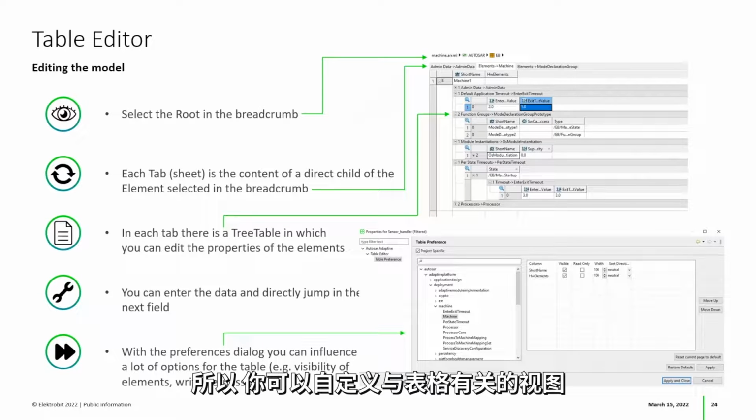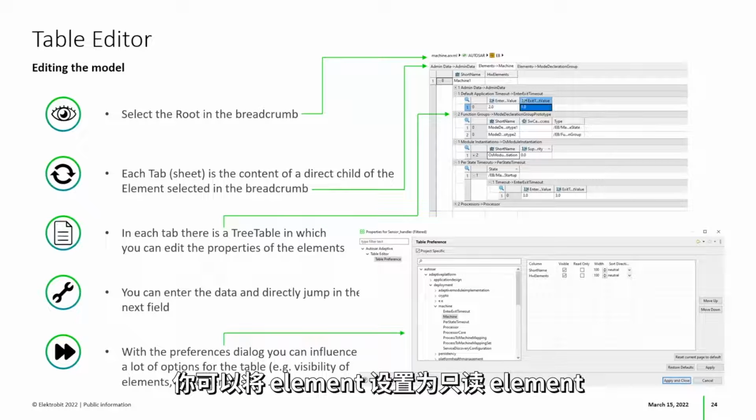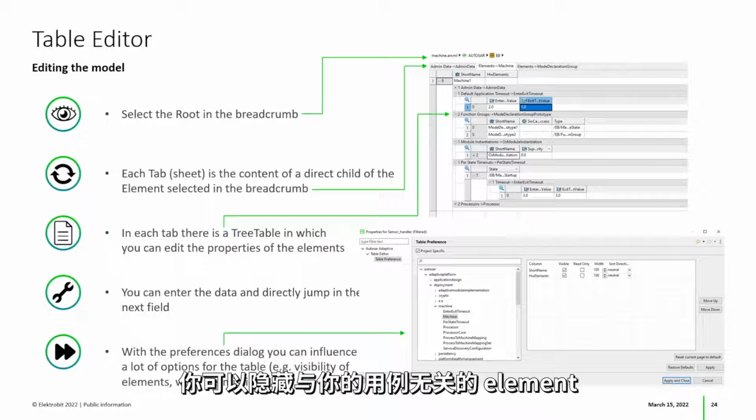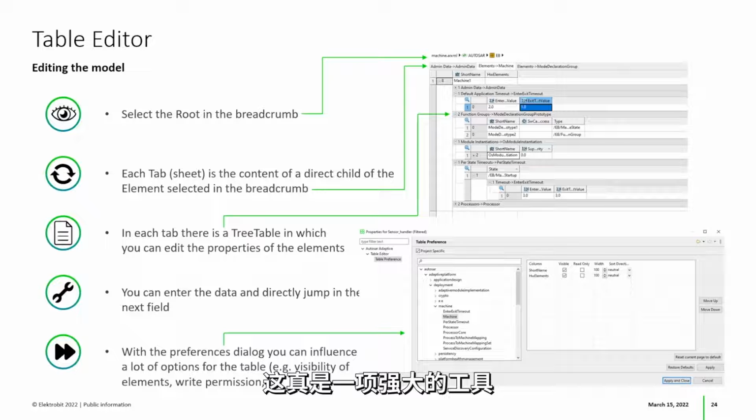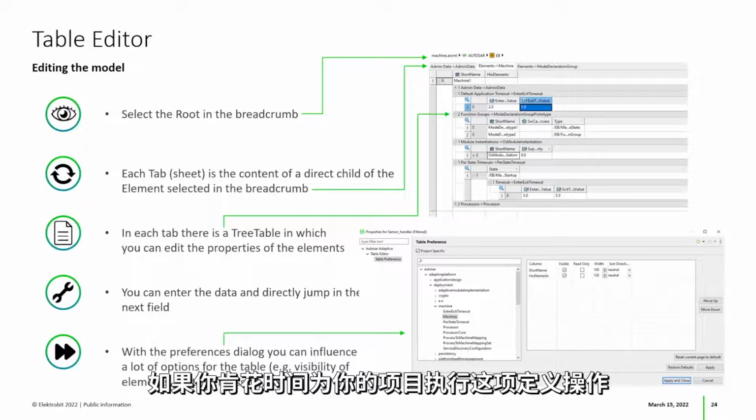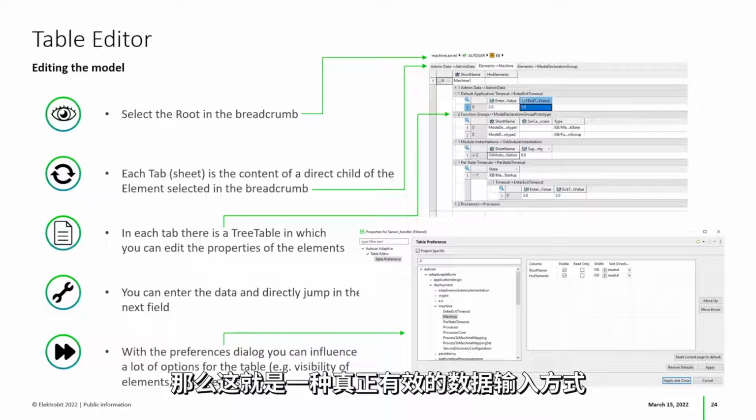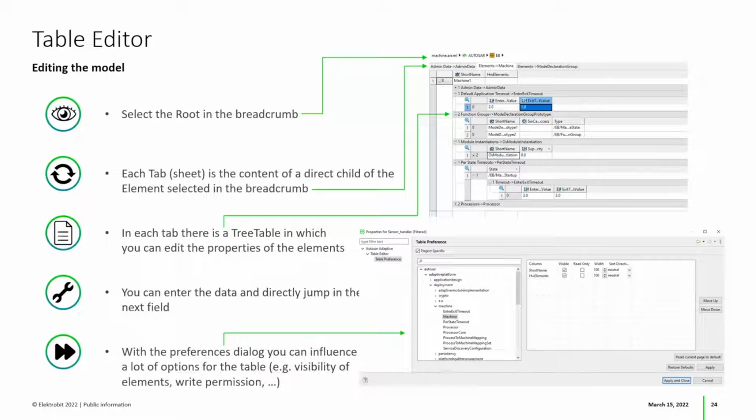So you can customize the view on the table. You can set things read only. You can make things invisible that are not relevant for your use case. This is really powerful if you take the time to define it for your project. This can be a really efficient way to enter data.